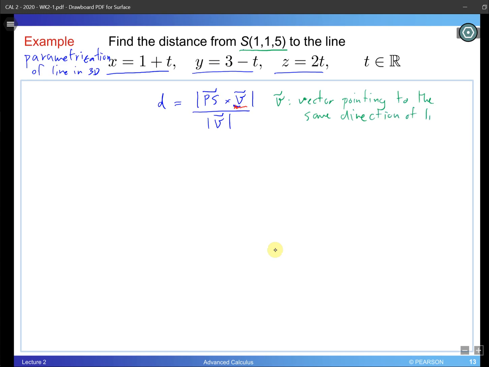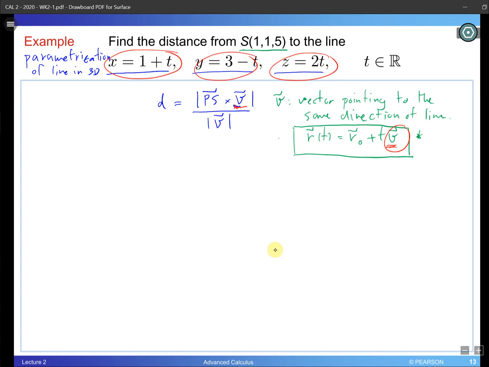So we are looking for this r(t) equal to r0 plus tv. To find v, we need the line equation in terms of a vector equation. We need this form in order to find this. But what is given to us is represented in parametrization. As you can see here, what you see is x, y, z.